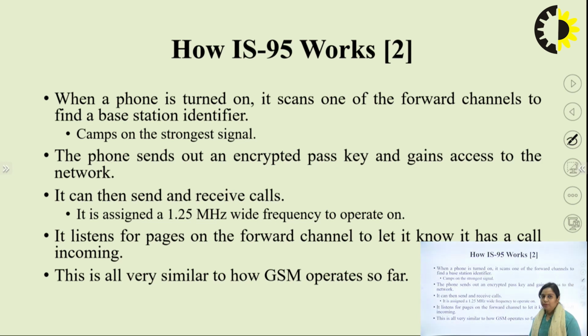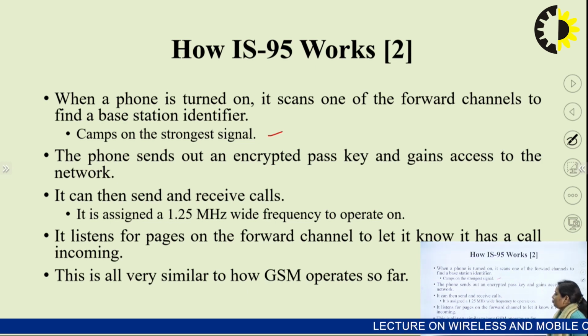This is the process of how it actually works. Whenever a phone is turned on, the antenna will see which forward channel or which frequency has the strongest signal. Then it will start transferring the data on the strongest signal.